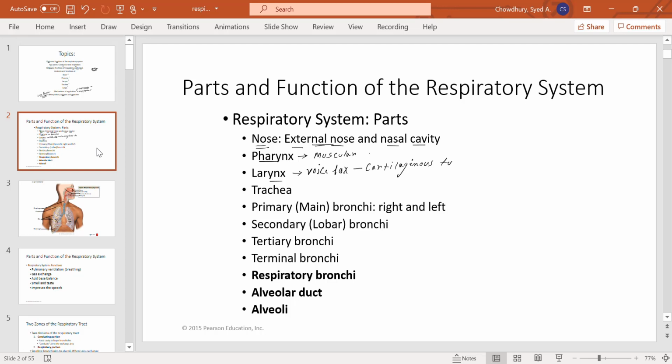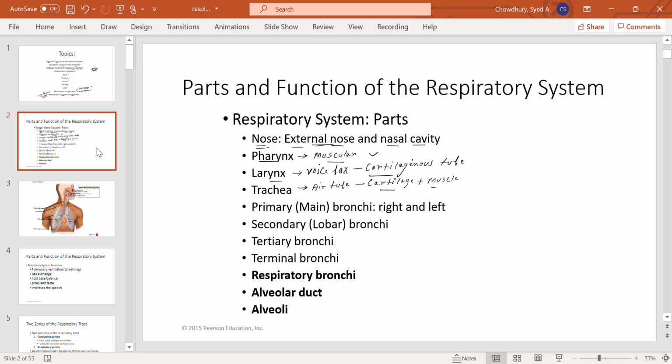So pharynx is muscular, but larynx is a cartilaginous tube. Trachea is the next part. Trachea is composed of cartilage and muscle. So it is a combination of both cartilaginous rings and muscle. So you see, pharynx is muscular, larynx is cartilaginous, and trachea is formed by both.